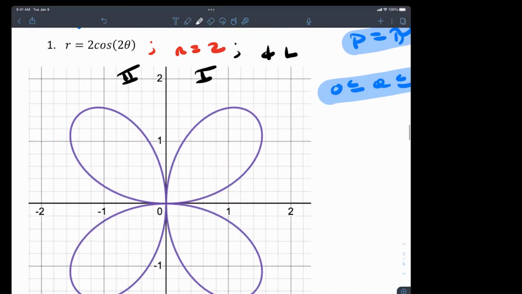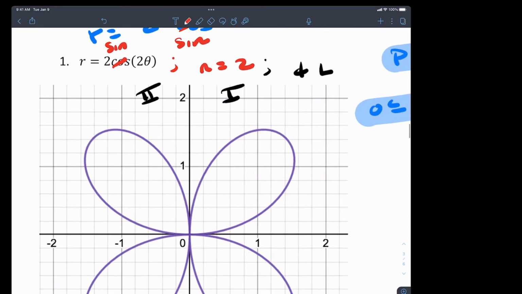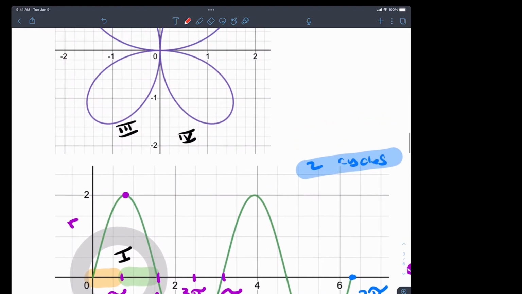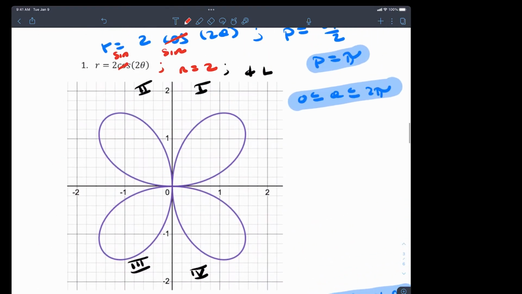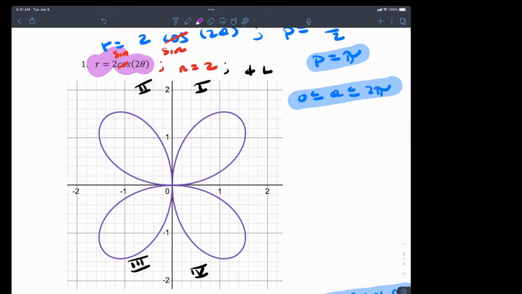Okay? So here's what I'm going to do. We're going to fix it easy. This is now what? Sine. You see what I'm saying? So we're back in business. Thank you. And now everything should be fine. Okay, so here's the polar curve. It's R is 2 sine, not theta, 2 theta.